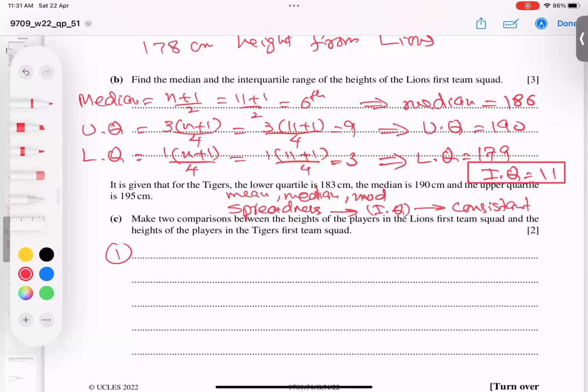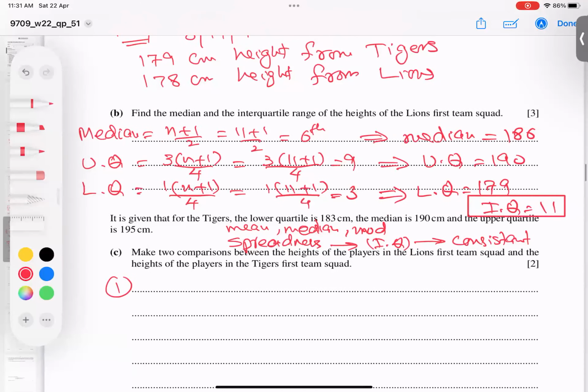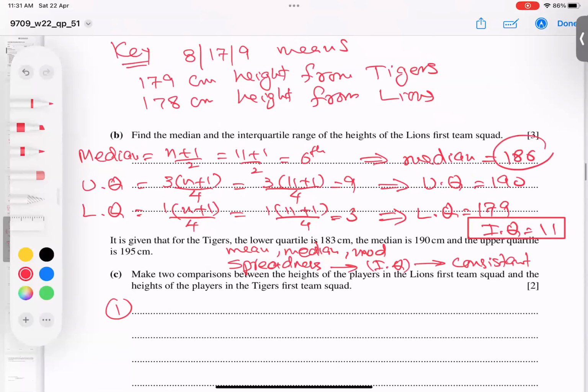Number one comparison, median height: here it is 190, where here it is 186.